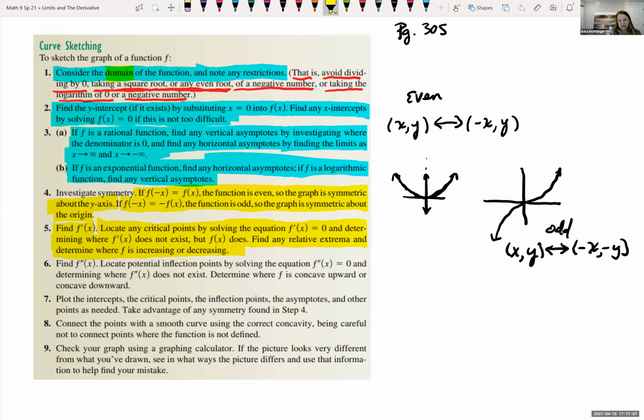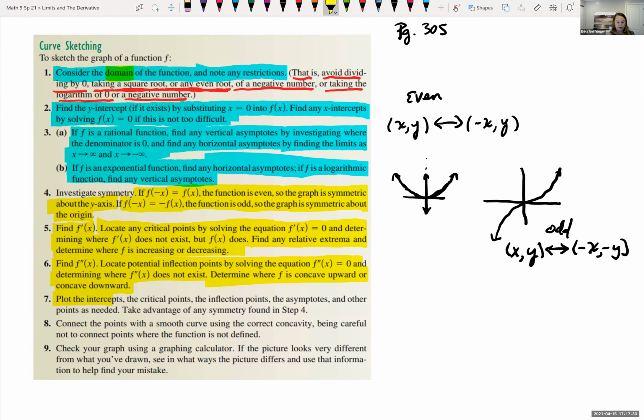So seeing where it's increasing and decreasing, where our critical values are, we can tell if we have a max or a min. Once we've done that, we're going to take the second derivative. We're going to locate any possible inflection points by setting the second derivative equal to 0, and then determining where that second derivative doesn't exist, but does exist for the original. And this tells us where it's concave up and concave down.